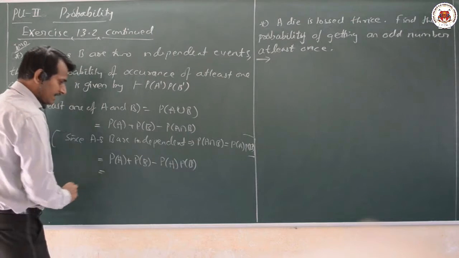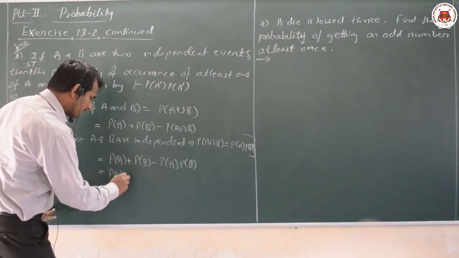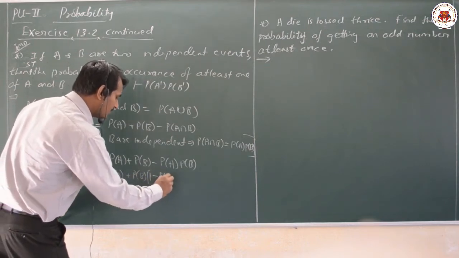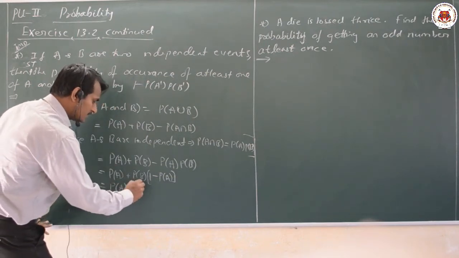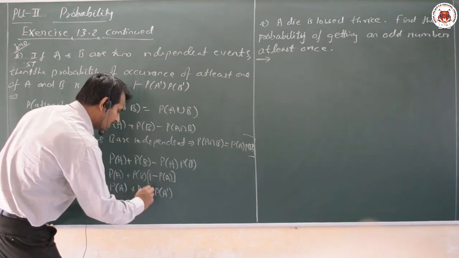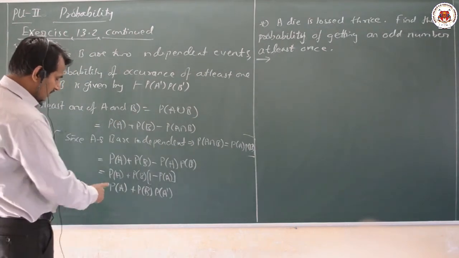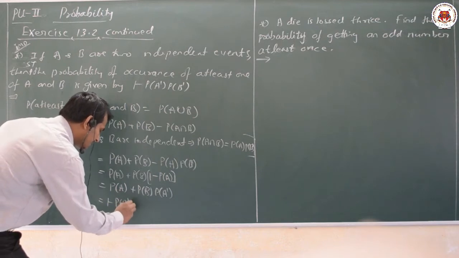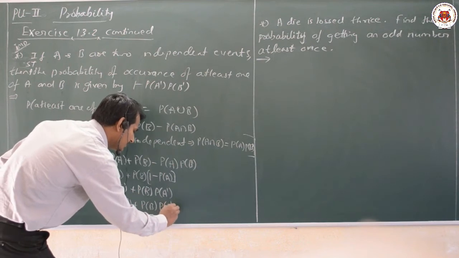Now what can I take common? Among these I can take P of A as it is, plus P of B into 1 minus P of A. That is P of A plus P of B into P of A dash.